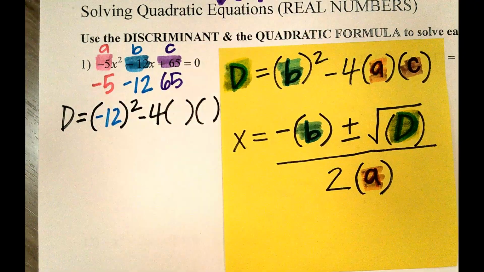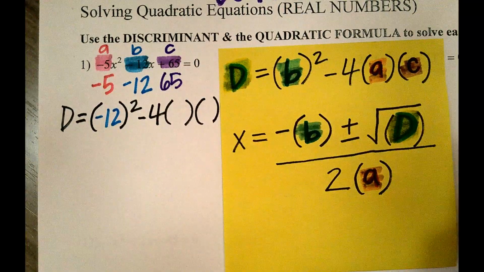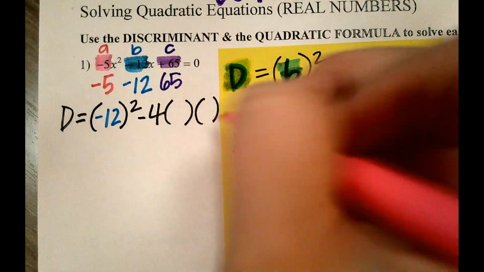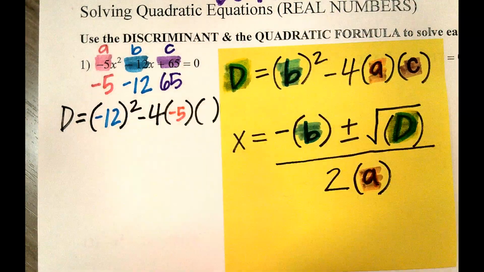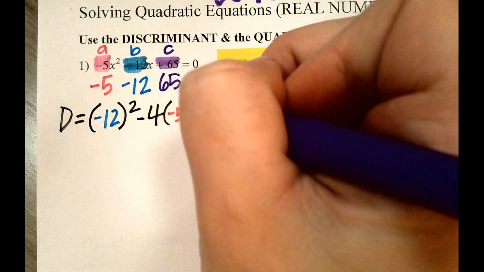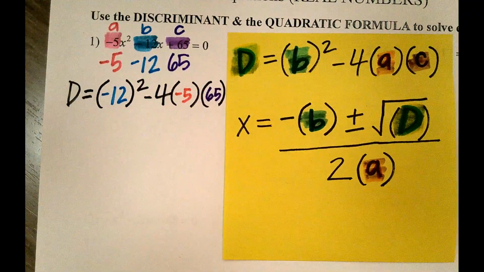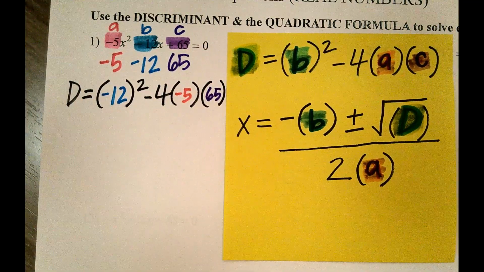I'll leave a spot for A and a spot for C. So what goes in the next 2 blanks? Negative 5, and then 65. Good. Okay, so I have everything plugged in. So when I'm finding the discriminant, now I have things plugged in. What will I do from here?